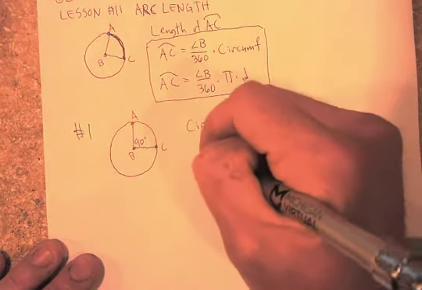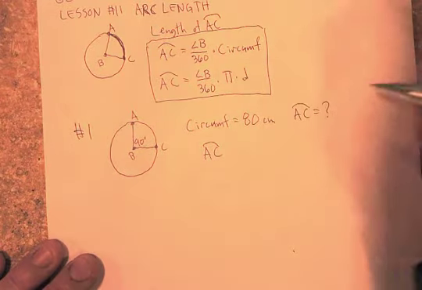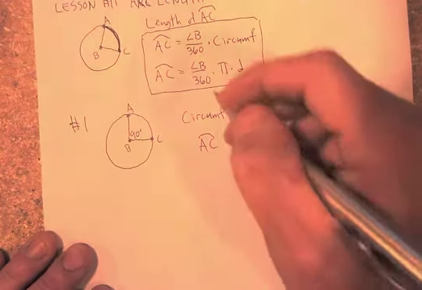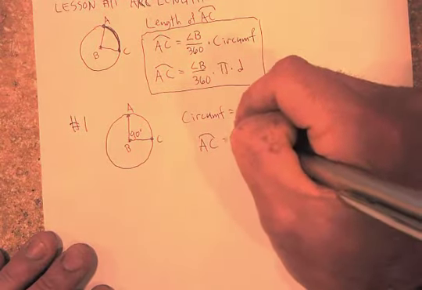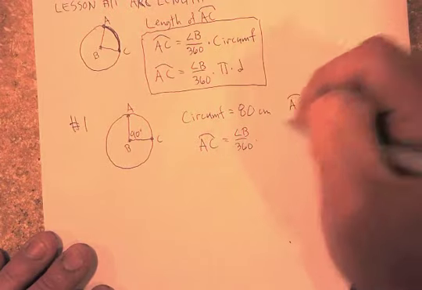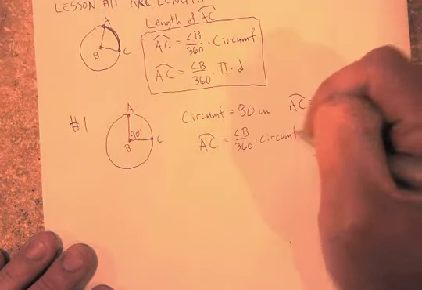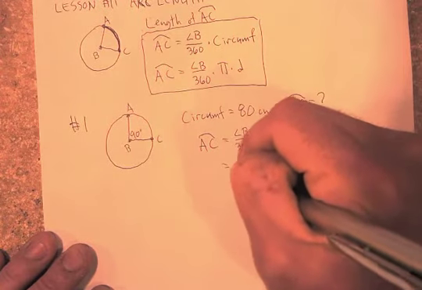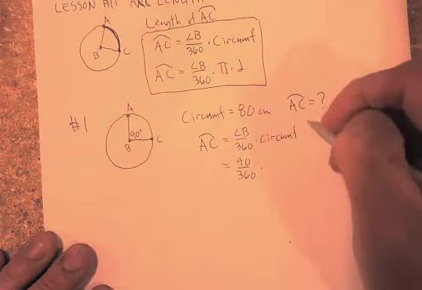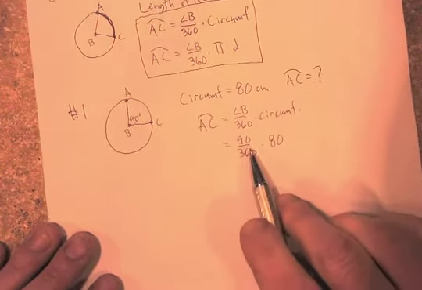Okay, that'd be a simple example. So let's look at the formula, and we want to find arc AC. So what is arc AC? Angle B over 360 times the circumference, which in this case is 90 over 360 times 80. What you're going to want to do is reduce this fraction down.